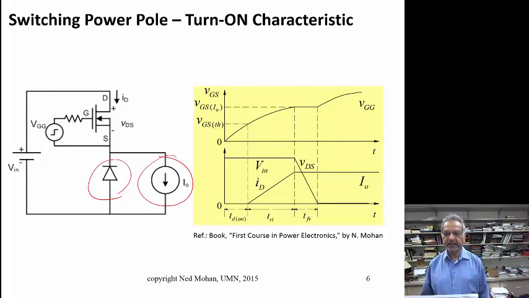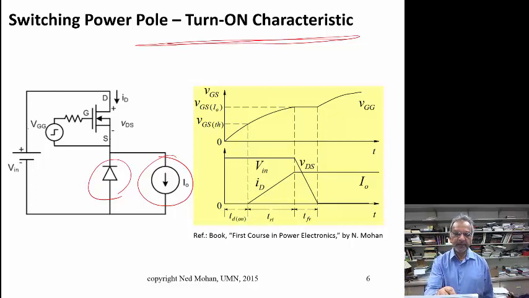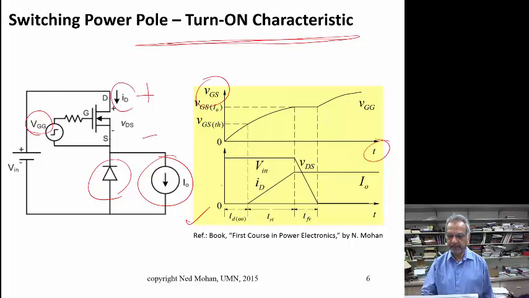So we see that for the turn-on characteristic, the gate to source voltage is raised from 0 to some value VGG here, and so the gate to source voltage is plotted over here as a function of time, and the voltage across this FET and the current through it are plotted in here, right?